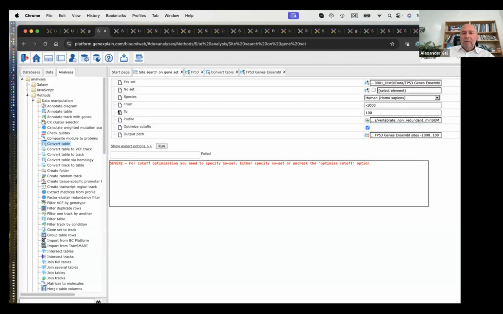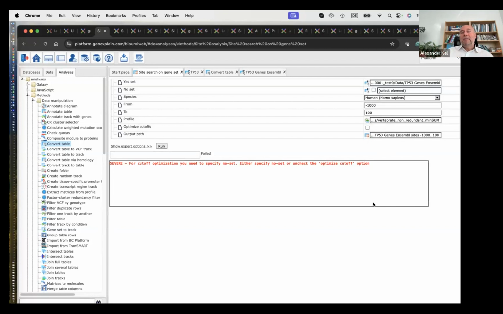Right. So by default we have optimized cutoffs here, and it's actually good that it gives me this warning. If you want to find enrichment and you apply your null set, then you can click here to optimize cutoffs, which means you don't put your cutoffs in beforehand.